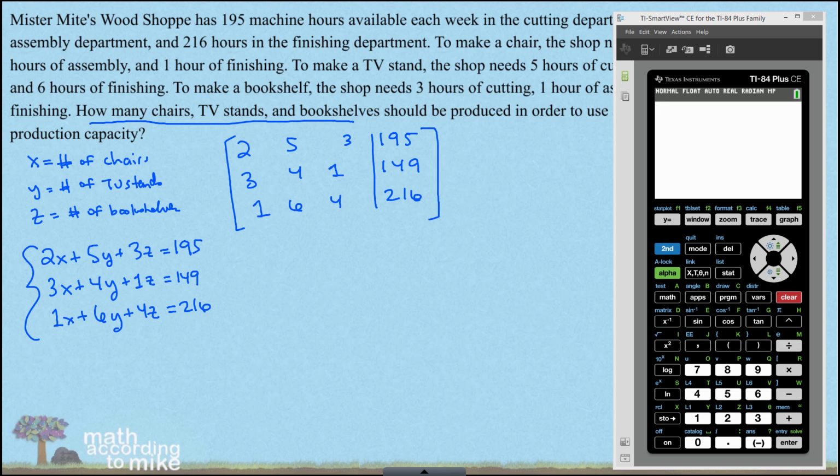And just for reminder purposes, this is the goal. One's in the diagonal, zero's everywhere else. All right.